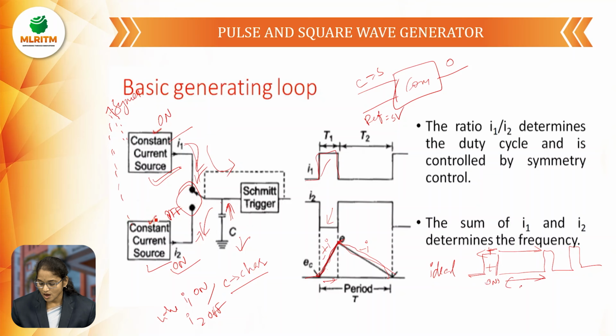This is the off time period. The on time and off time are different. Sometimes the on time is more and the off time is less, and sometimes the on time is less and the off time is more. Okay, then practically, we will get a signal like this.